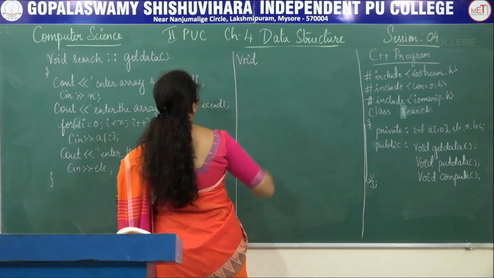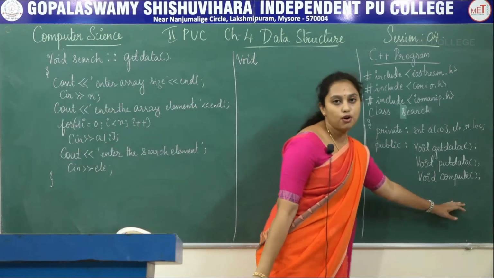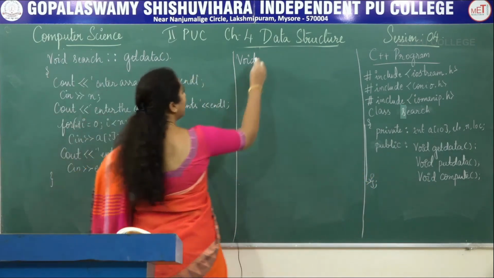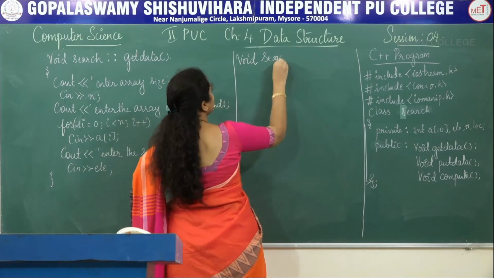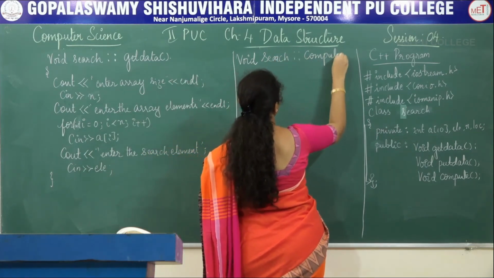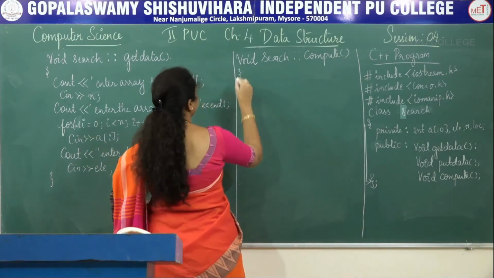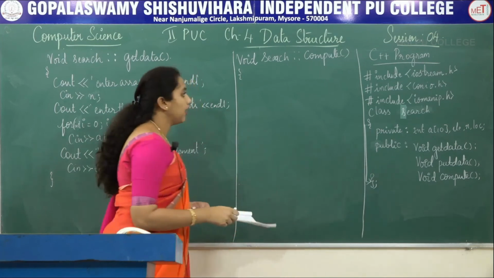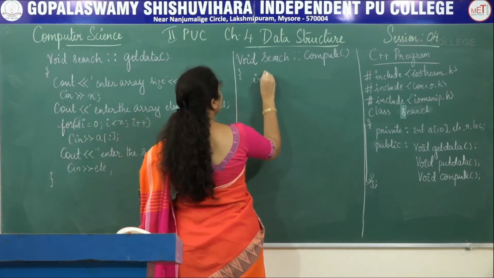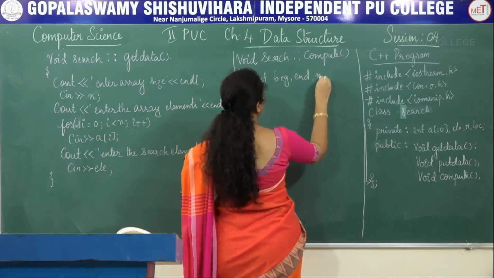Next we have to write the compute function for the calculations. Void search compute function. Here we have to declare the variables like int beginning, end and mid.